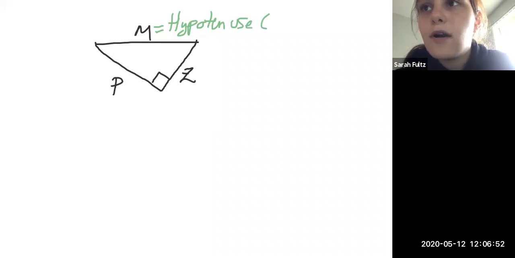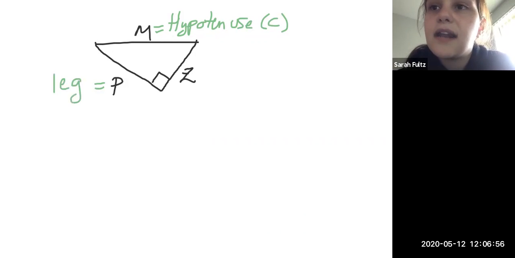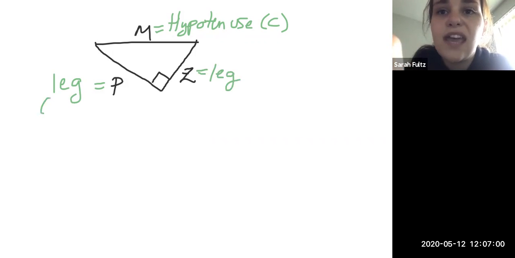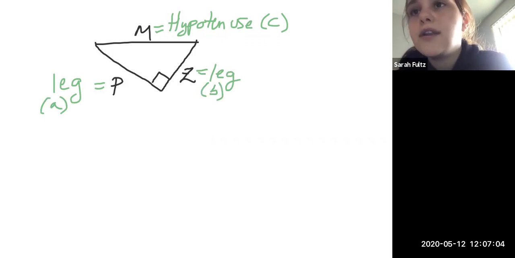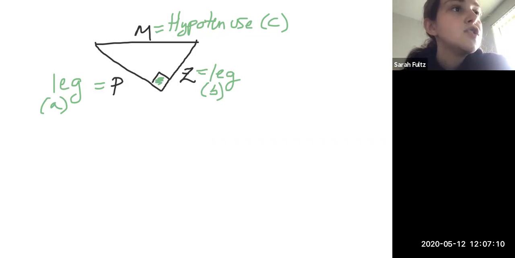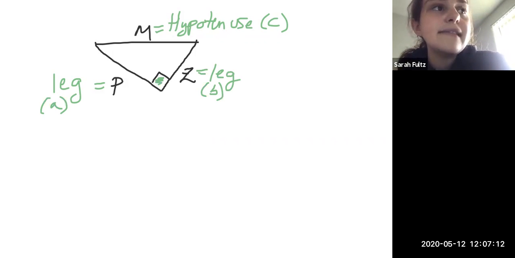That's the C part of the equation. And these are our 2 legs. And either one can be A and either one can be B. I'm just going to call this one A and I'm going to call this one B. The important thing is we know that the hypotenuse is C, and that's across from this right angle right here. Okay, so M, P, and Z represent the lengths of the 3 sides of this right triangle.